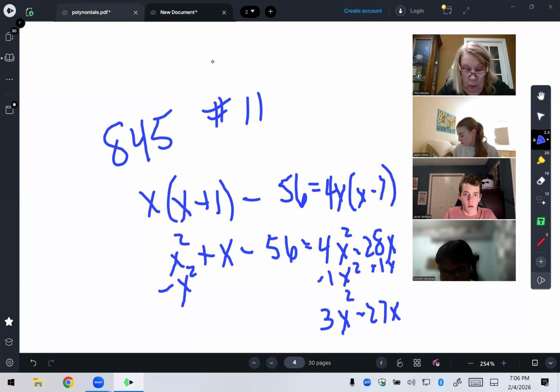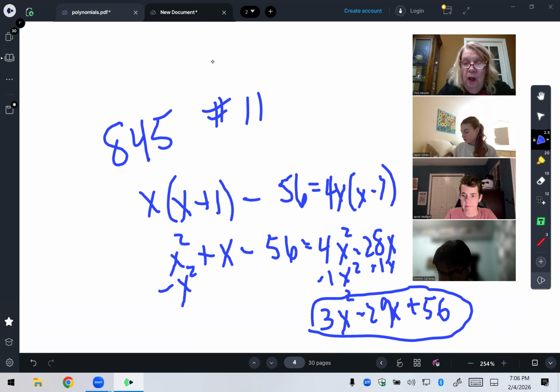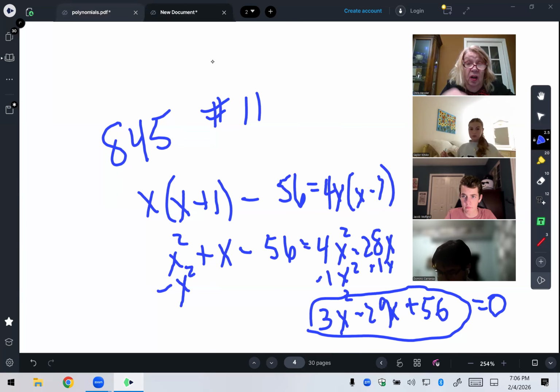It's going to be 29x, negative, plus 56, equal to 0. So here's our standard form. The reason this one was hard is we had to do this without making any math errors.